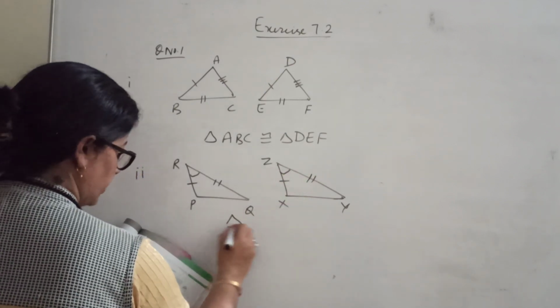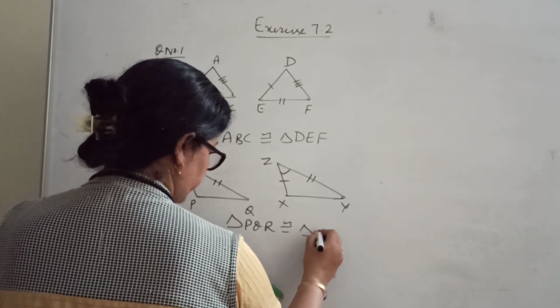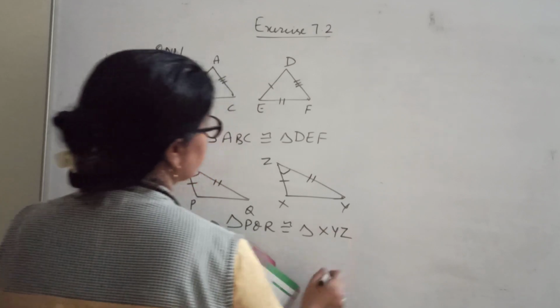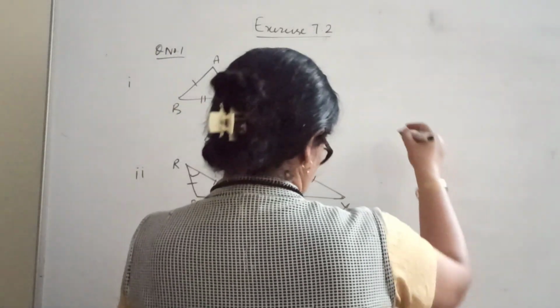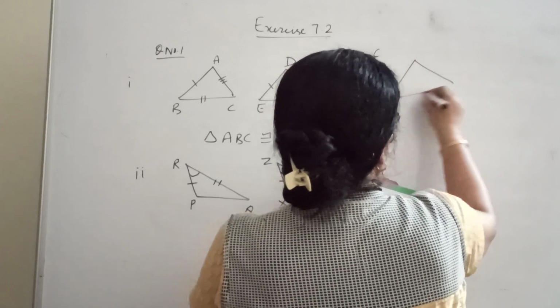Then triangle PQR is congruent to triangle XYZ by what condition?